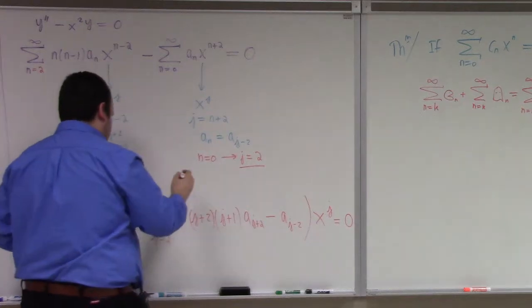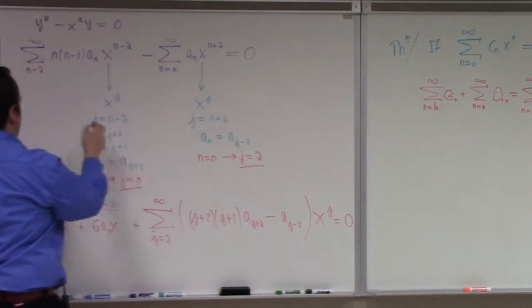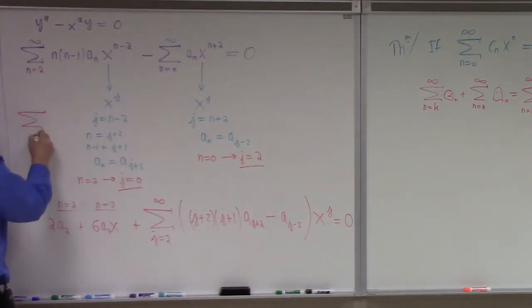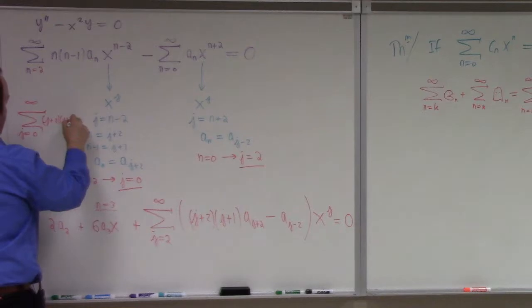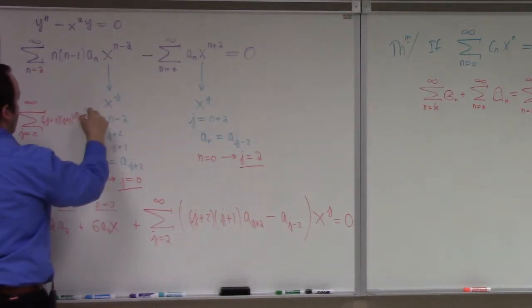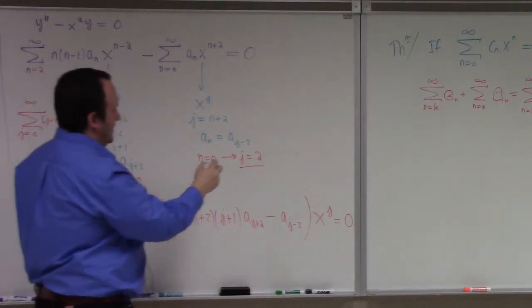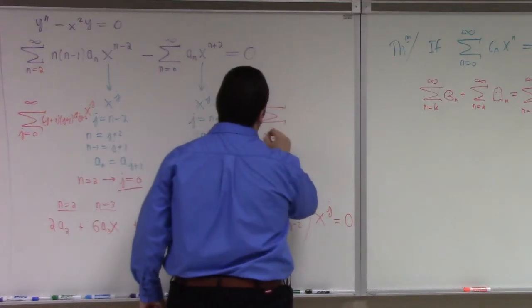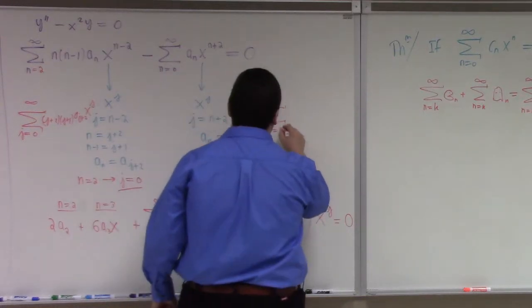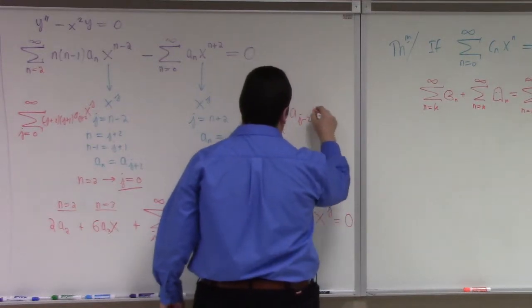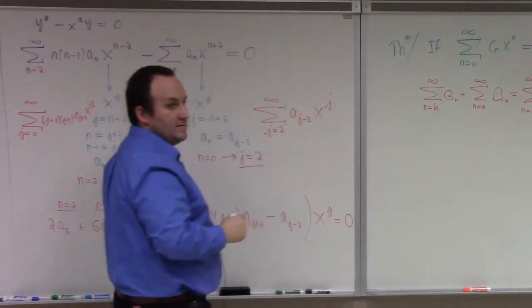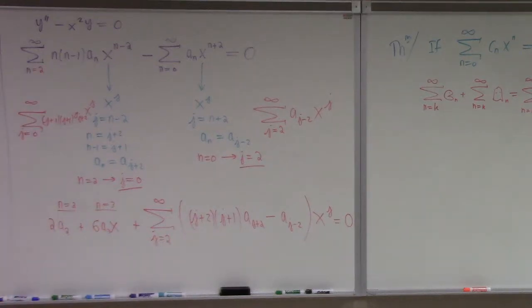If it's helpful, this will give me sum j equals 0 to infinity, j plus 2, j plus 1, a sub j plus 2, x to the power j. Then over here, we get the sum j equals 2 to infinity, a sub j minus 2, x to the power j. J is a dummy index of summation.